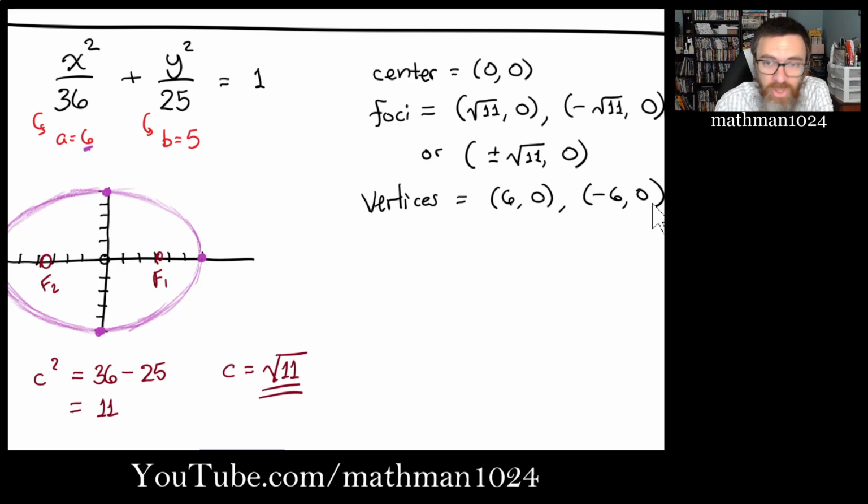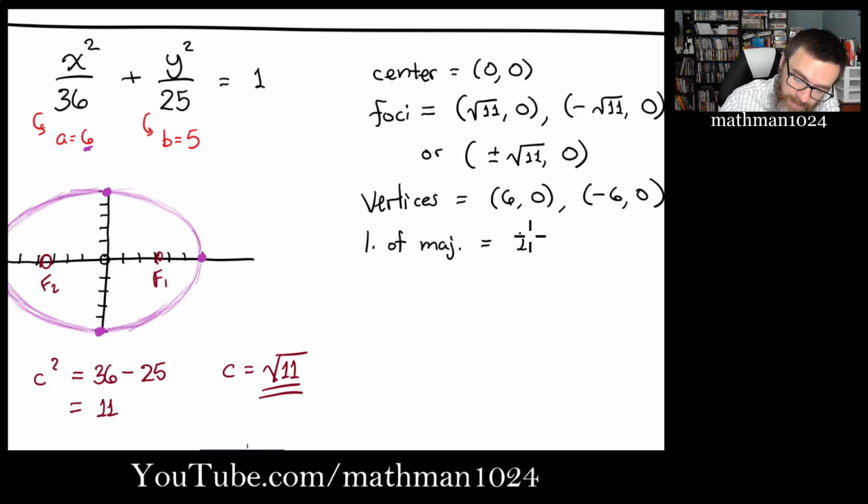We also have this other part that we want to answer, which is going to be the length of the major axis. I'm just going to abbreviate it like that. The length of the major axis is going to be twice what that changes. So from the center to the vertex is 6 units. So double that is going to be 12, right? Because you're going 6 on the other side. 6 plus 6 is 12.